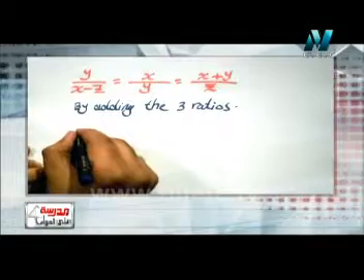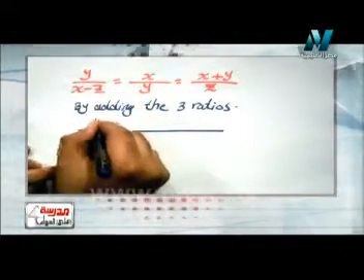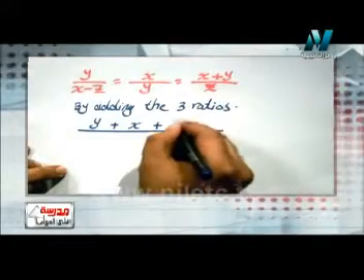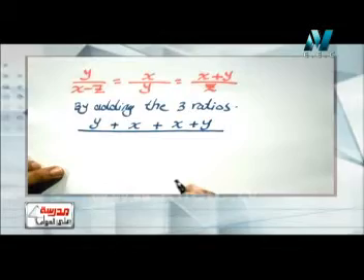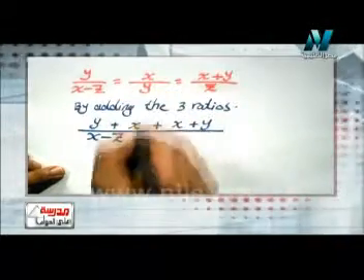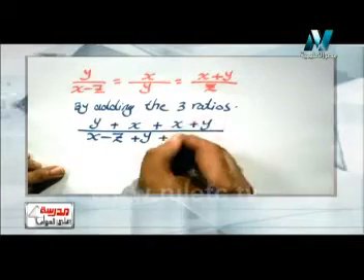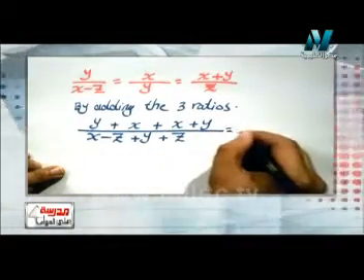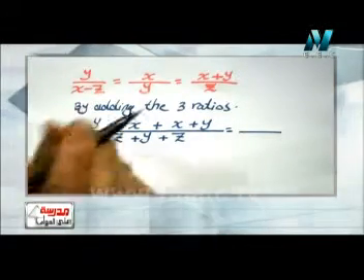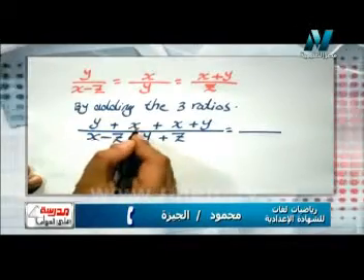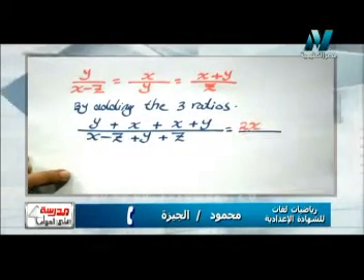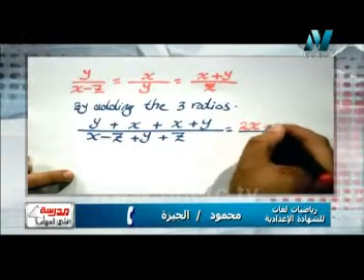Step by step. I will start with y as it is, so y plus x plus x plus y, that's x plus y. Down, the same idea: x minus z plus y plus z. Are you following, Mahmoud? You can simplify from the numerator and the denominator. Here we have y plus x plus y plus x, so we have 2x plus 2y.